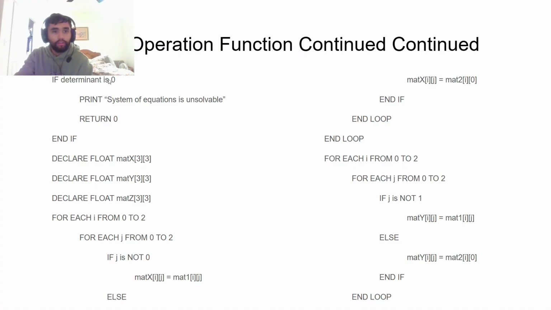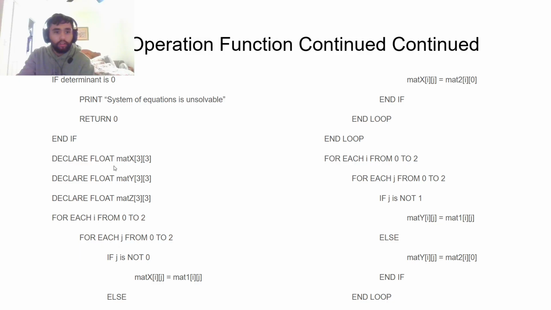Although in the actual code, if I want to test it more regularly, I might change this to if determinant is less than or equal to some really small number, like for example, 1 times 10 to the negative 4, something like that, if I want it to be a bit less susceptible to breaking.